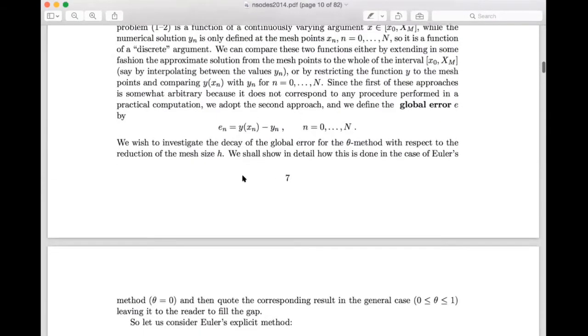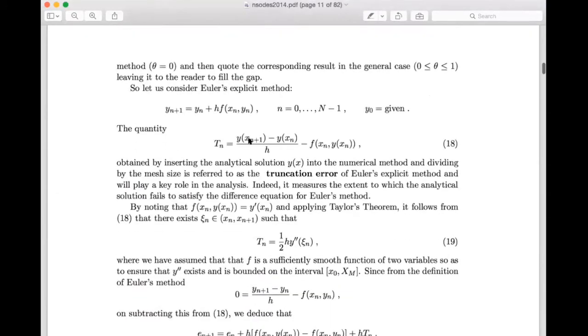So basically here we define Tn in that way, that we write yn plus 1 minus yn divided by h is equal to f at xn, yn. Now what we did, we replaced the computed solution by the exact solution.